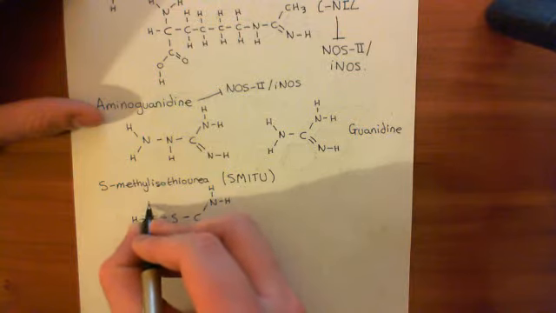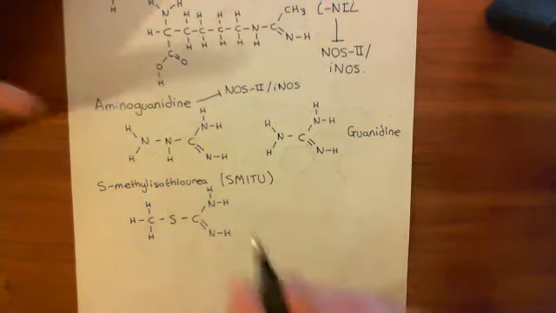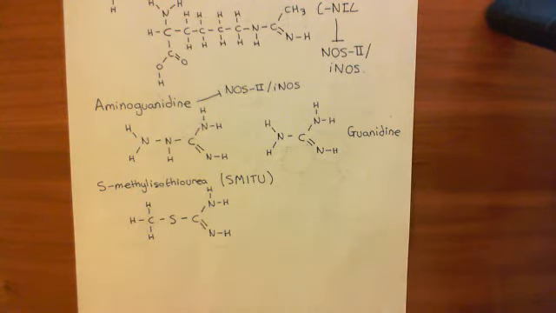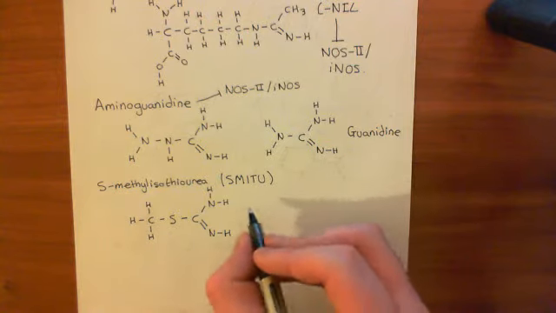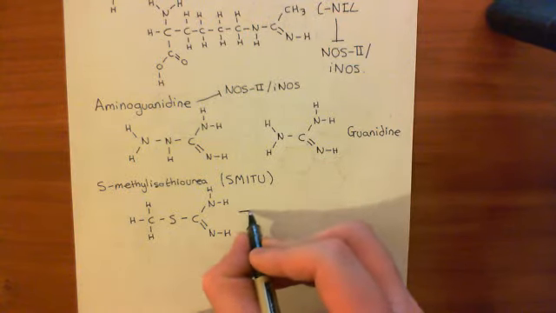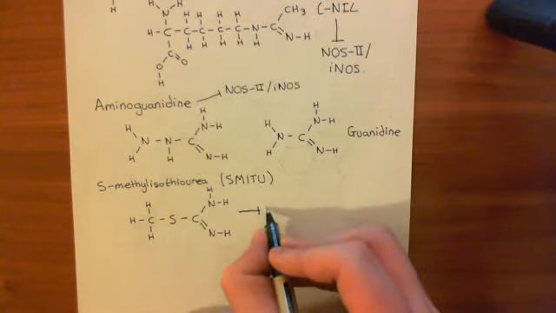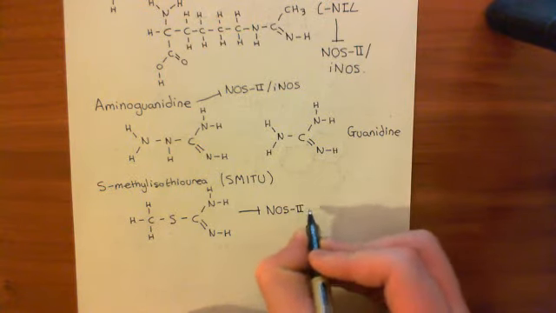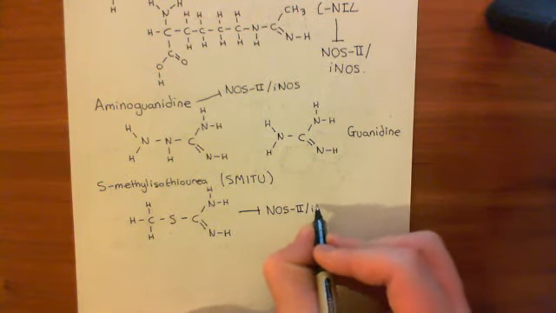So that's why this is called S-methyl isothiourea, because you've got the methyl group coming off the sulfur. Okay, so this S-methyl isothiourea is a selective NOS2 inhibitor, or the other name for NOS2 is iNOS.